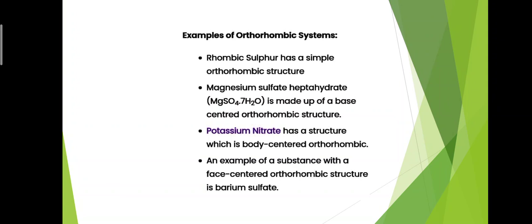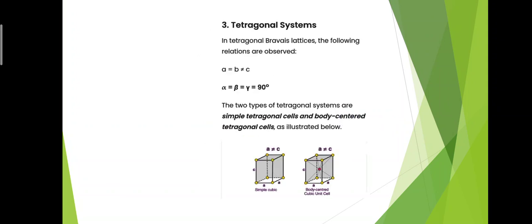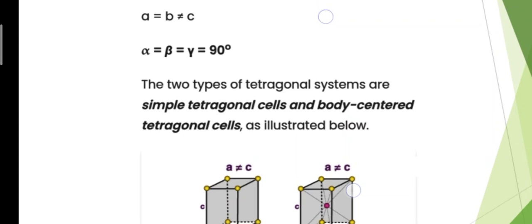An example of a substance with a face-centered orthorhombic structure is barium sulfate. Number 3, tetragonal systems. In tetragonal Bravais lattices, the following relations are observed.